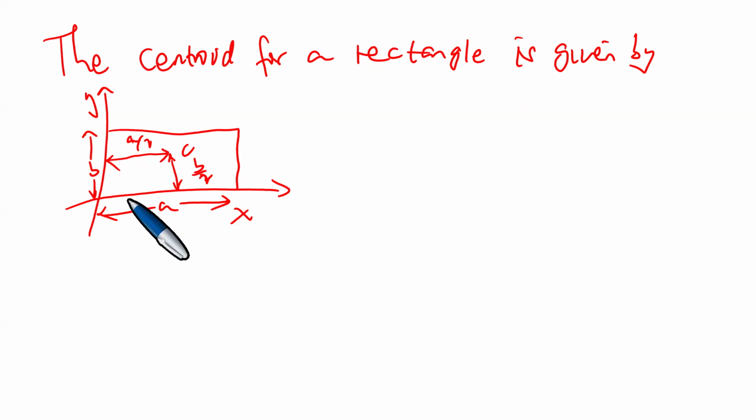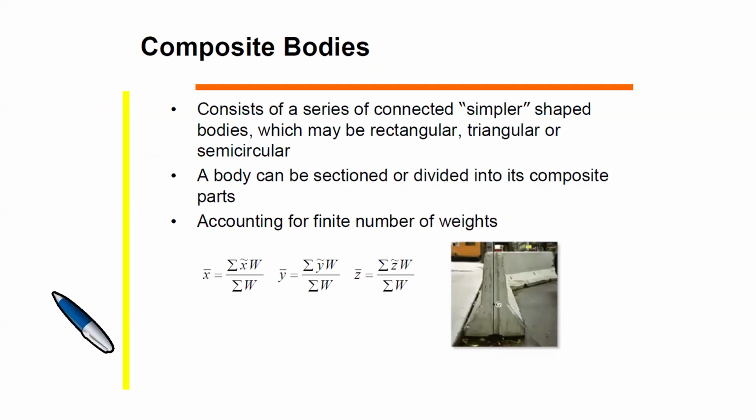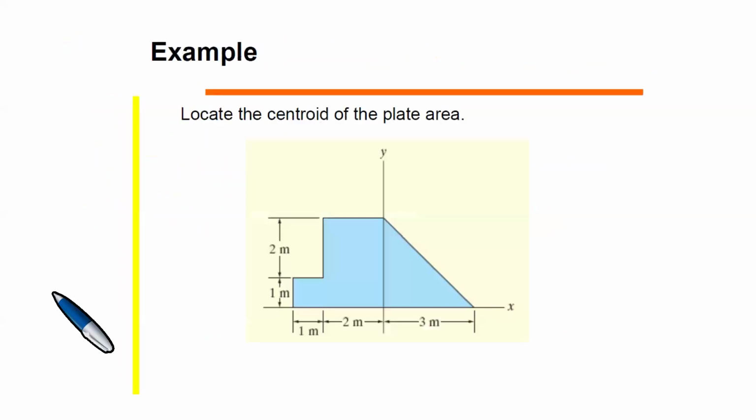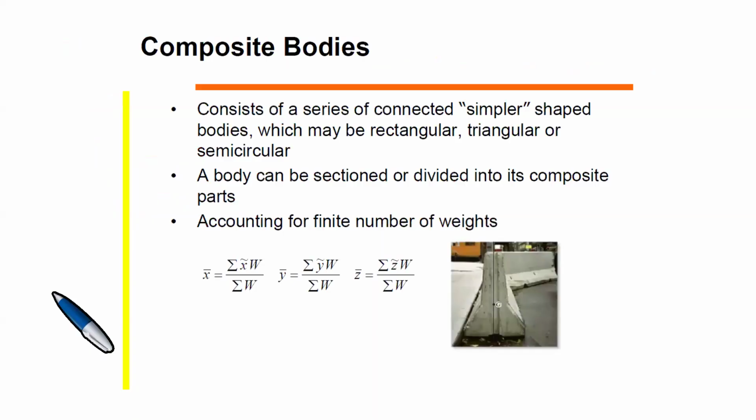Now I want us to look at this question. We are in a good position to study the following shape. As part of our discussion, I want us to look at composite bodies.